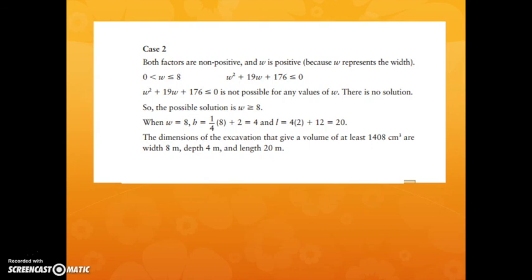When W equals 8, H equals 1 over 4 multiplied by 8 plus 2, you get 4. And L equals 4 multiplied by 8 plus 12 and you get 44. The dimensions of the excavation that give a volume of at least 1408 meters cubed are width 8 meters, depth 4 meters and length 20 meters.